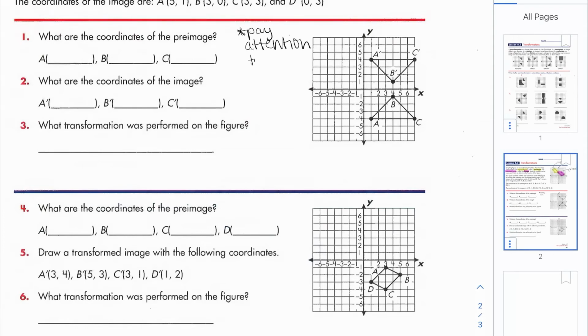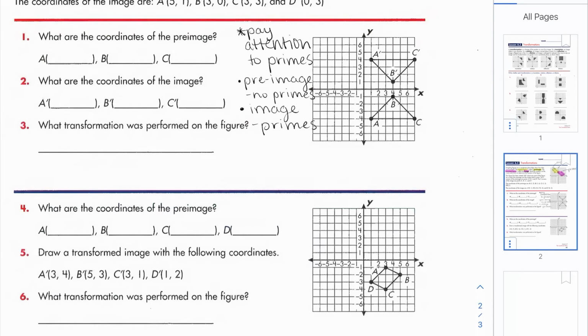And then finally, number 3 wants you to look at the graph and determine what type of transformation was performed on the figure. Make sure you pay attention to the primes. Remember that the pre-image will not have primes and the image will have primes. The pre-image is the original figure and the image is the new figure.